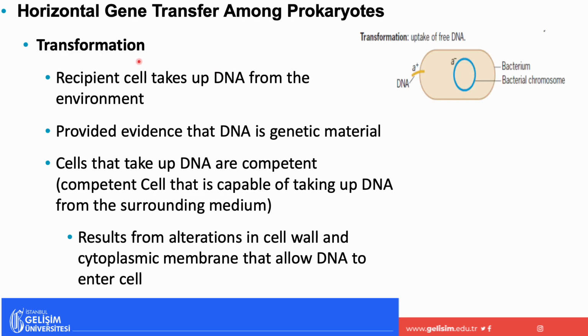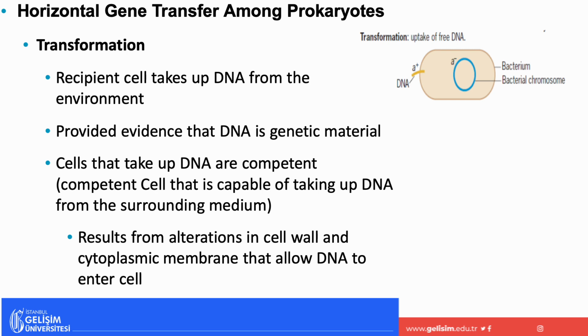All right, so for transformation, again, when a bacterial cell is in a state of competence, okay, the recipient cell takes up DNA from the environment. So again, competence is a physiological state of bacteria that allows the cell to take up extracellular DNA. Okay? It's often induced by changes in growth conditions such as nutrient depletion or by exposure to specific chemicals or physical agents.